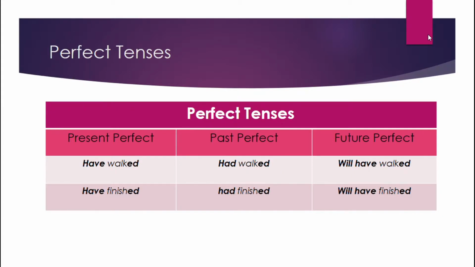Next is the past perfect tense, where in this case used had in exchange of have, since the past form of have is had. However, the past participle remains the same, as the definition earlier states that we use the past participle of the verb. This is also the case in the future tense. In the future tense, we use will plus have and the past participle of the verb.